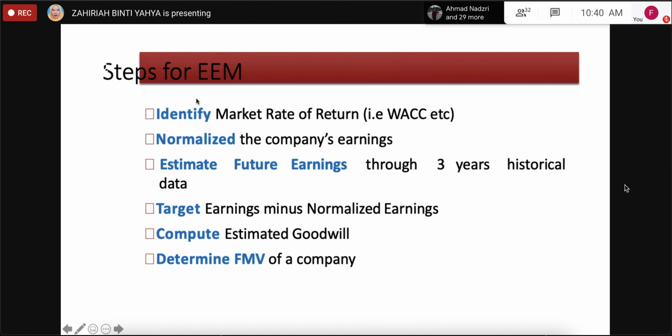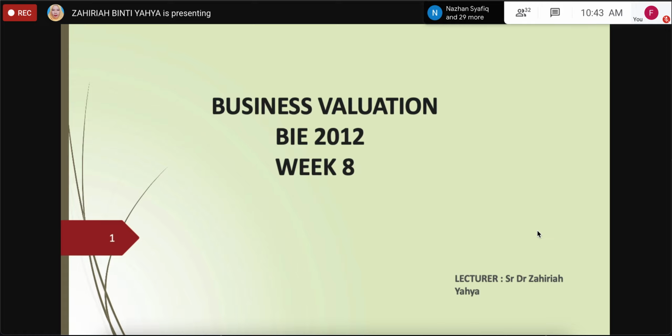But doctor, can we follow the surveyor Anwar method? Boleh, no problem. Like we only use the normalized one for the asset approach only, but the other 2 methods we use the normal one. According to surveyor Anwar.